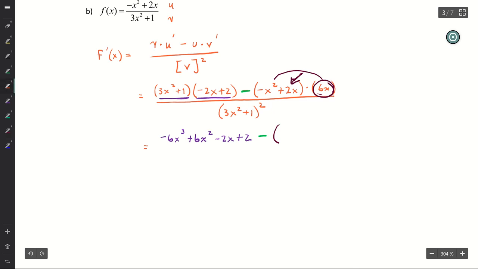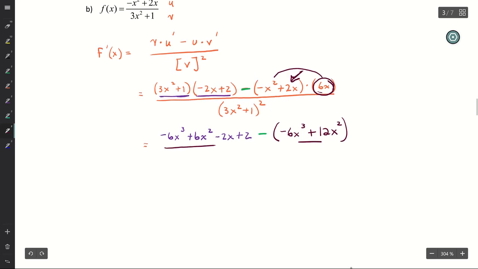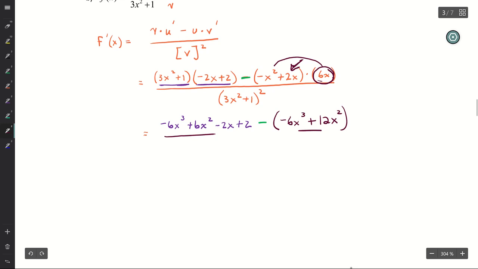So on this particular part, I'll do it in the maroon, we're going to have 6x times negative x squared, so negative 6x to the third, and then 6x times the 2x, so that would be 12x squared. And then all of this is still over the original denominator all squared. So it's still over 3x squared plus 1, all squared.